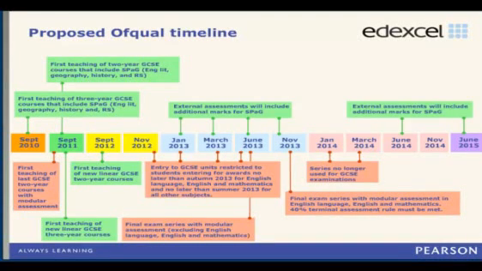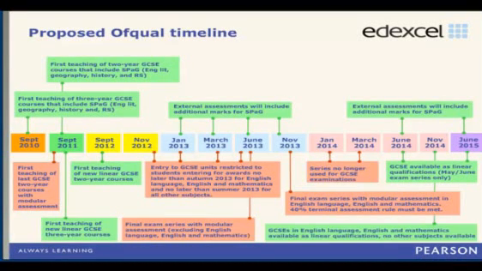And here we've got a note about external assessments, which will include additional marks for spelling, punctuation and grammar, June 2014, June 2015. GCSE is available as linear qualifications from the May, June exam series only, June 2014, June 2015. GCSEs in English language, English and maths are available as linear qualifications, but no other subjects are available.